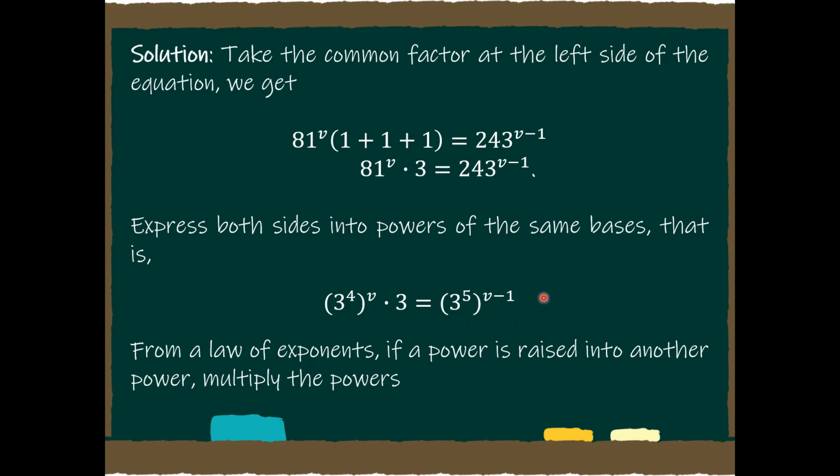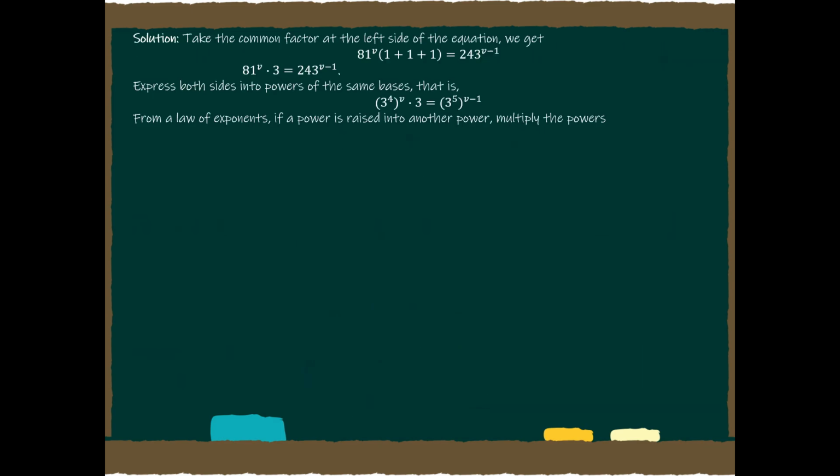In this problem, we have 3 raised to 4v, because 4 times v is 4v. Then 5 times v minus 1 gives 5v minus 5. So both sides of the equation are expressed as powers of the same base.